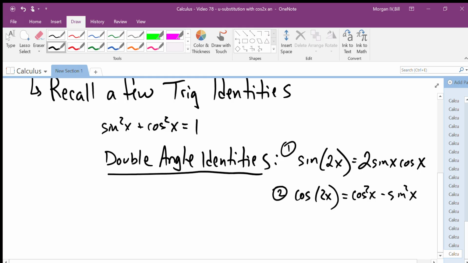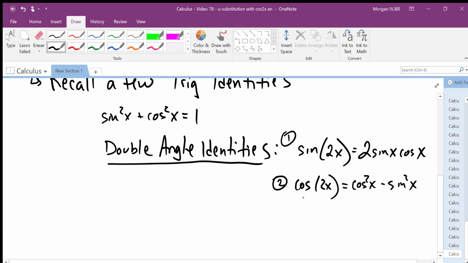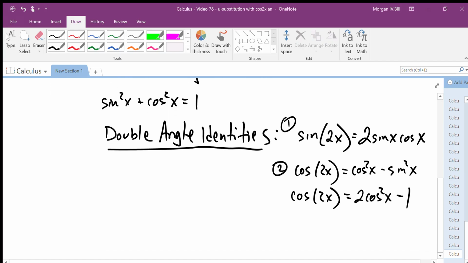Or, if you replace sine squared of x with 1 minus cosine squared of x from that Pythagorean identity earlier, you end up with cosine 2x is equal to 2 cosine squared of x minus 1. And then if you replace cosine squared of x with 1 minus sine squared of x, you get the third one. Cosine 2x is 1 minus 2 sine squared of x. Those are the double angle identities.